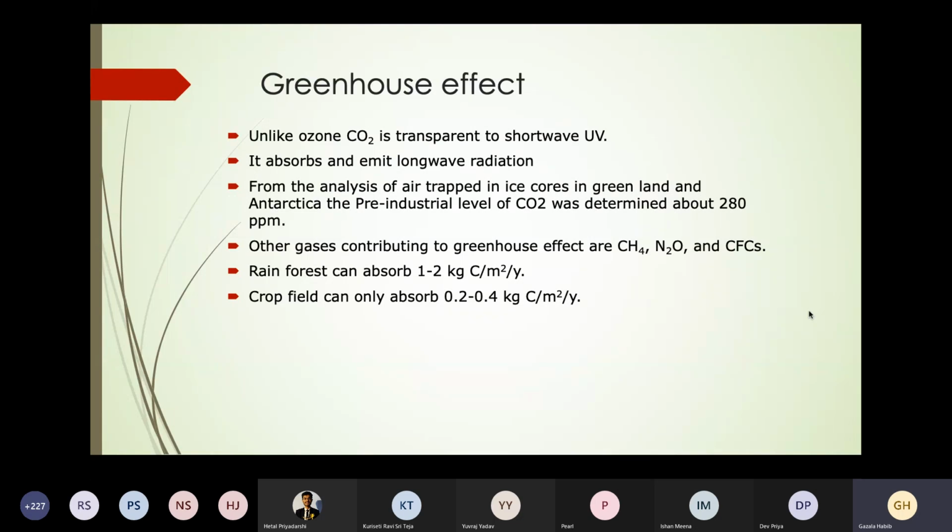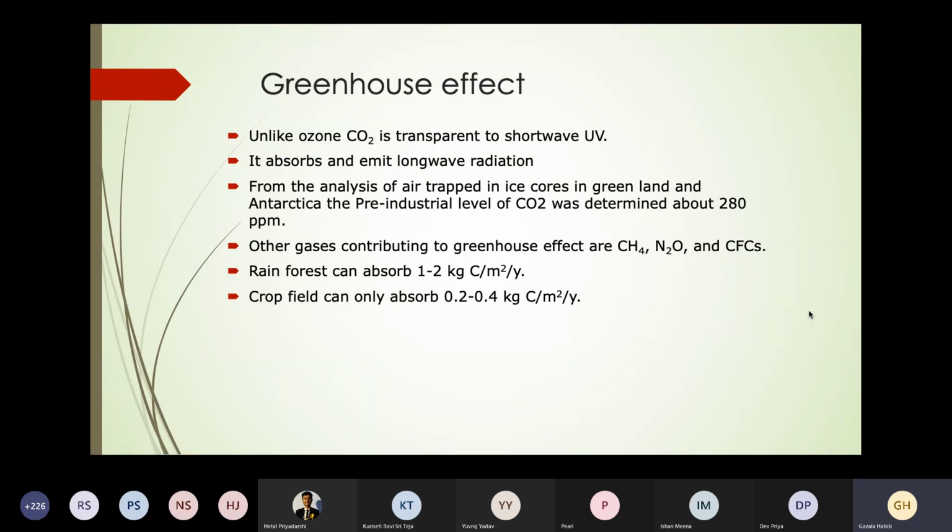This is an area of ongoing research: how to reduce CO2 by absorbing it in large reservoirs like the ocean, or by increasing the plantation and forest area and so on.